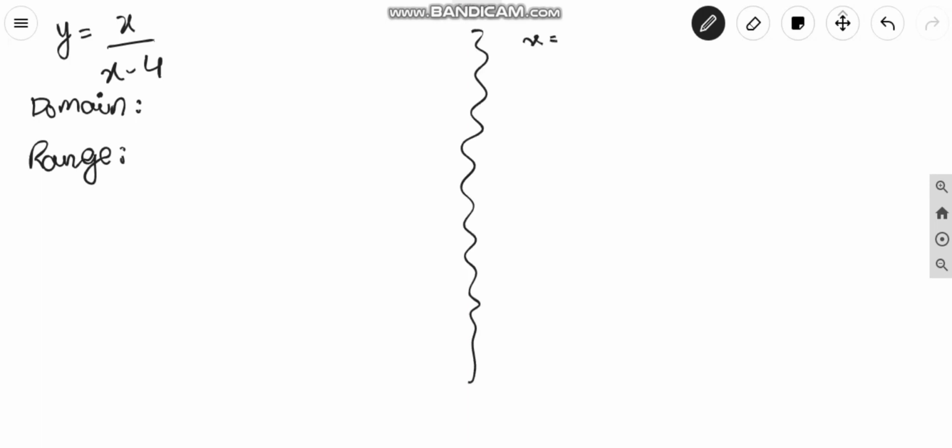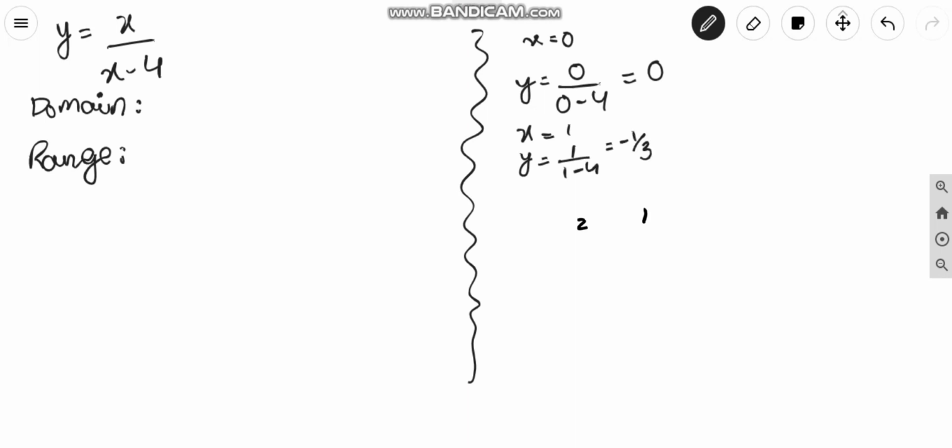Put x equal 0, then our function will return 1 over 0 minus 4, that is minus 1 by 4. Let's put x equal 1, our function will return 1 over 1 minus 4, that is minus 1 by 3. This is again a real number, so we can put 0 and 1, there is no worry.